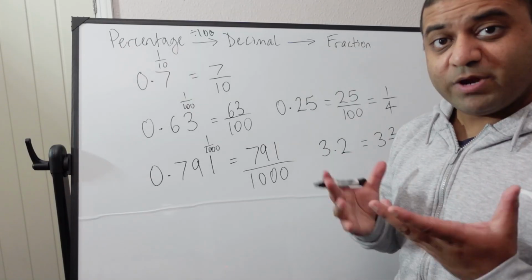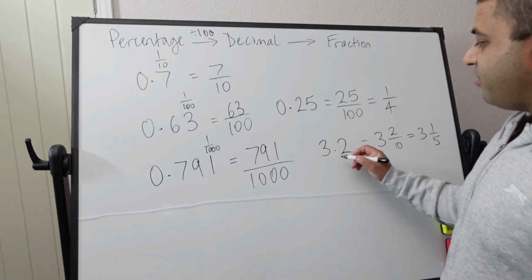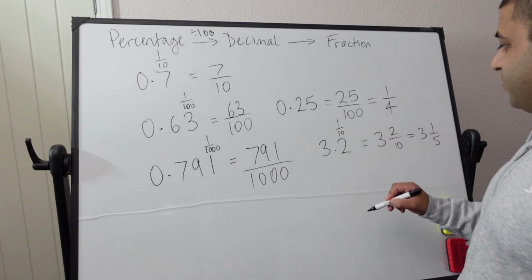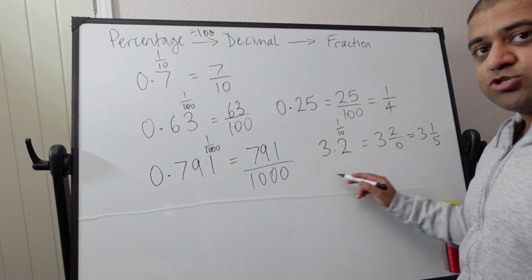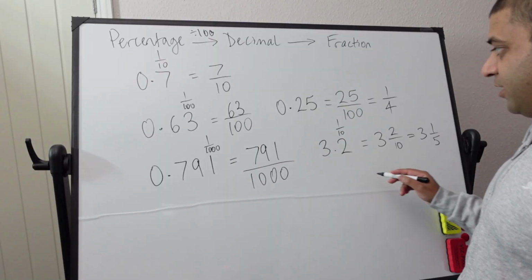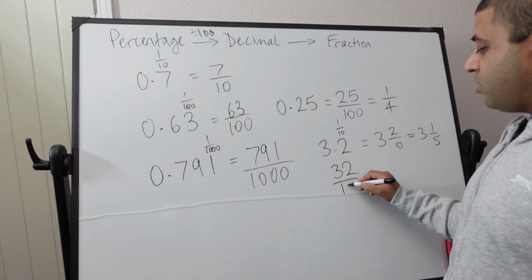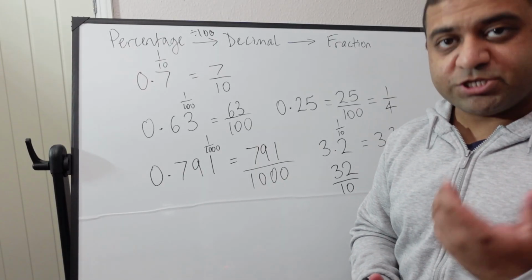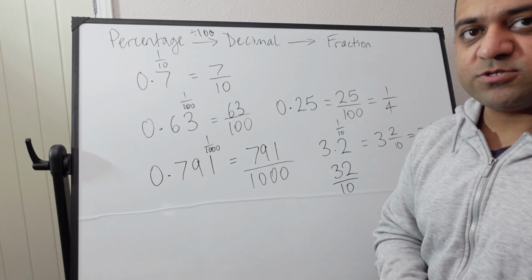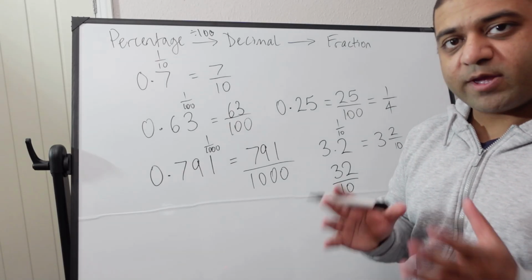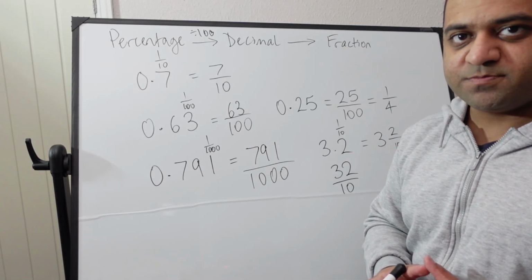Or, if you really wanted to, you could have the 3.2 where this is in the 10th position, and then this could become a top-heavy number directly, as we could have 32 over 10, which is equivalent to 3 and 2/10. So the rule still holds, but make sure you're cancelling down afterwards.